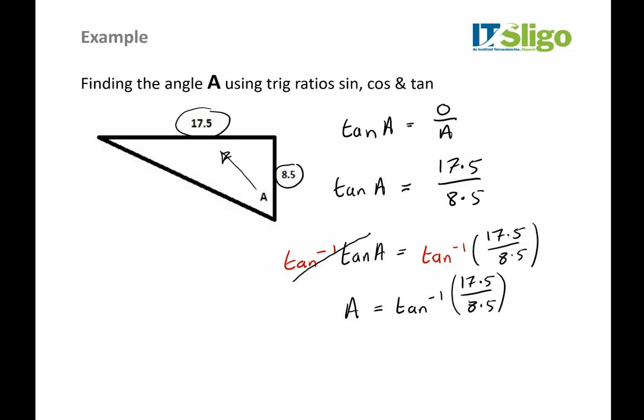And now you just get your calculator and again write your answer to one decimal place. Remember, press shift first and then tan on your calculator. If you're using a Sharp, it's the second function button. They should really call it the inverse function button.